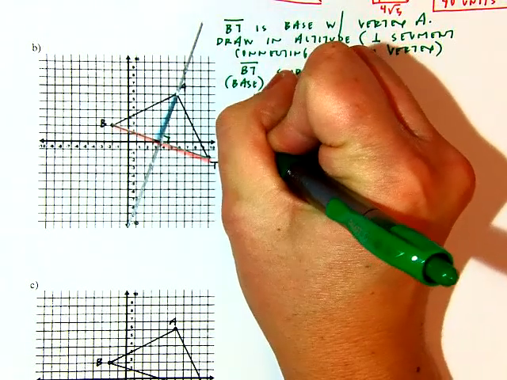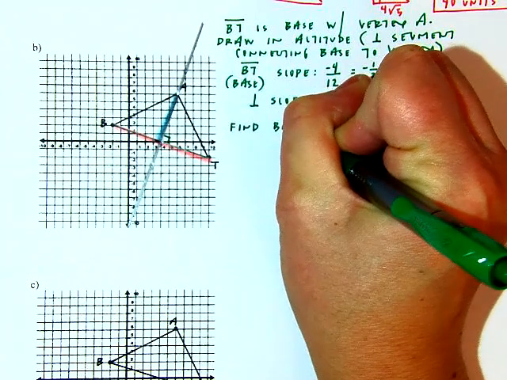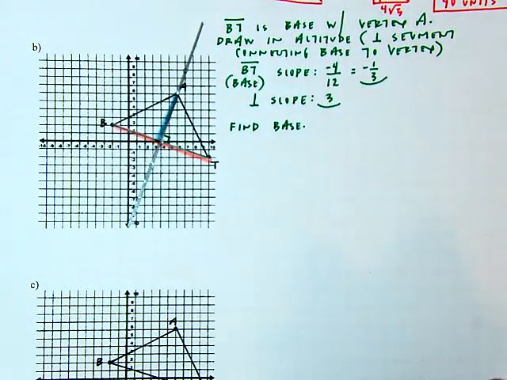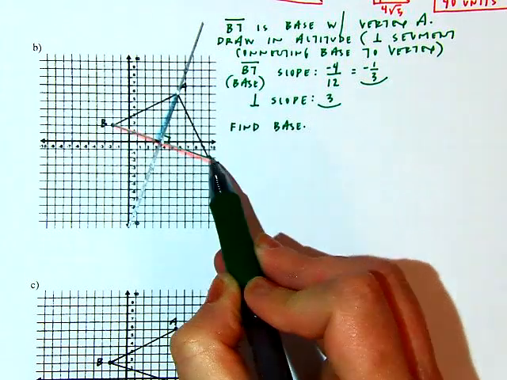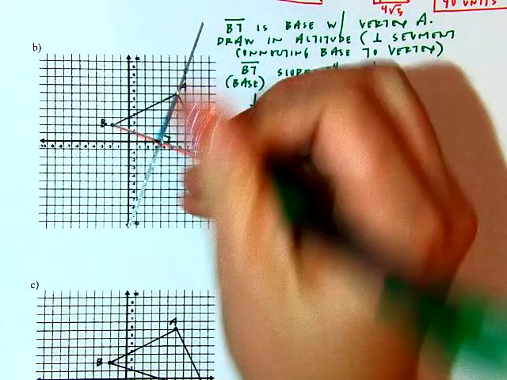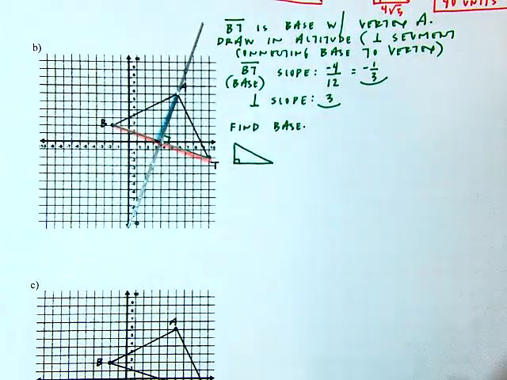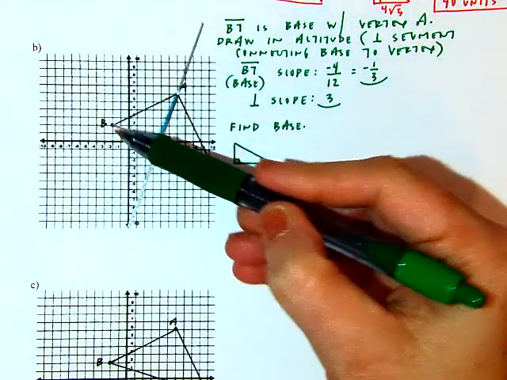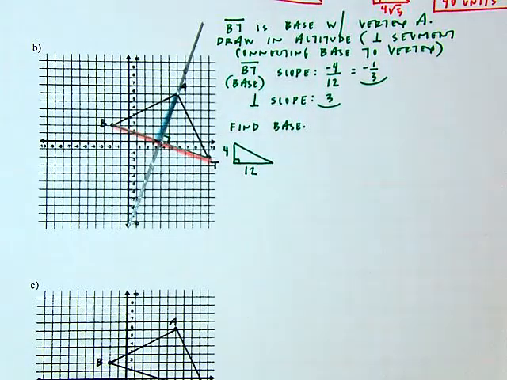So find base first. So I'm picturing this right triangle right here where I'm solving for the hypotenuse. And we already know from the slope that we went down 4 and right 12.